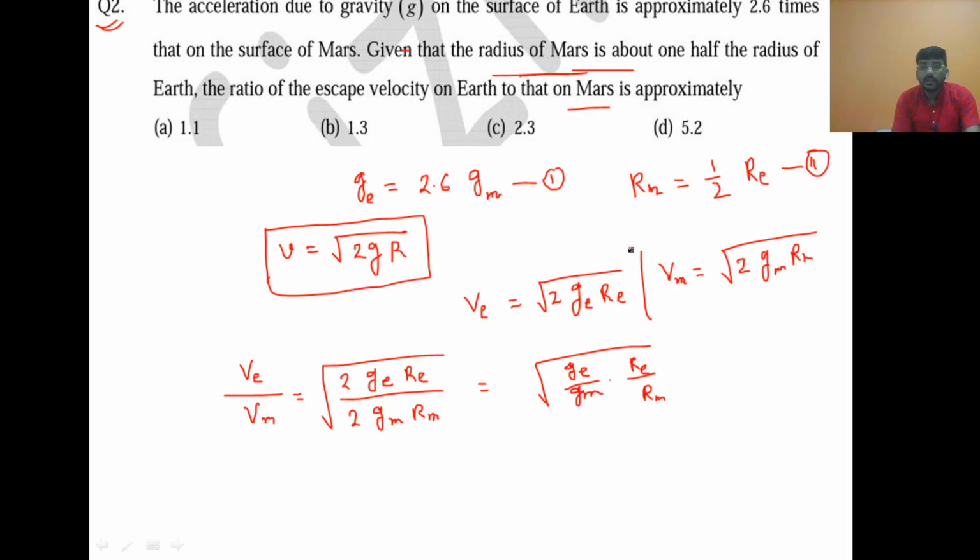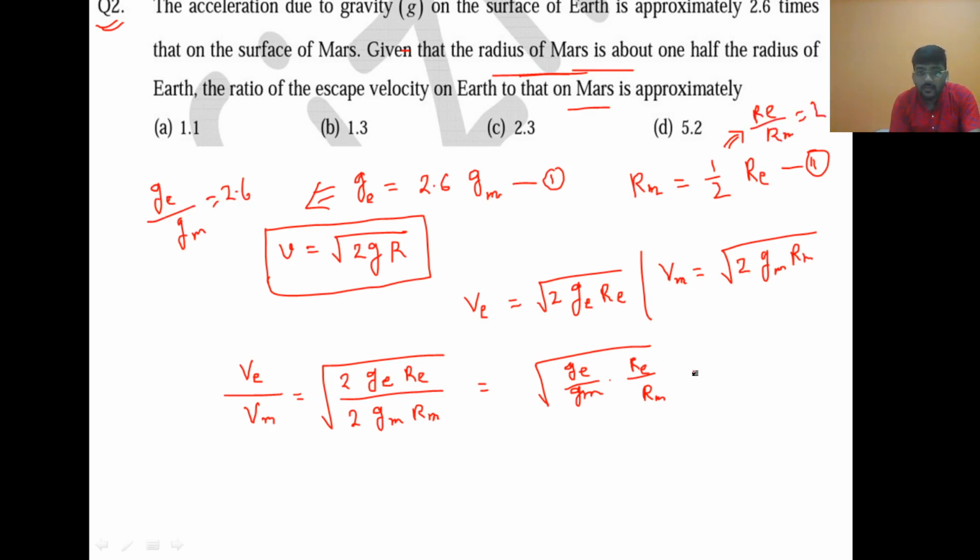Now what is ge divided by gm? From the first expression we get ge divided by gm is equal to 2.6, and from the second expression we get re divided by rm is equal to 2.